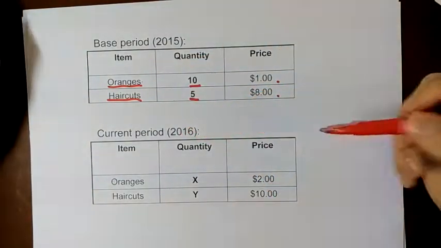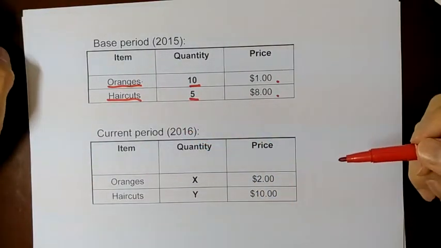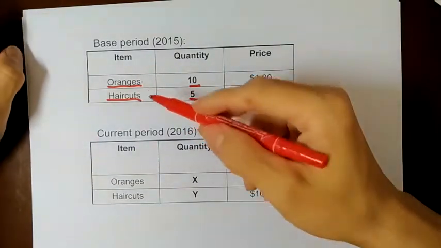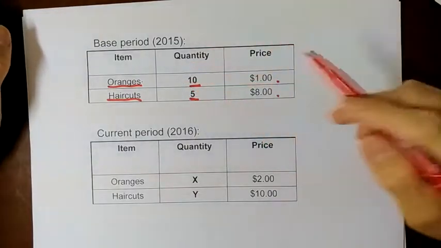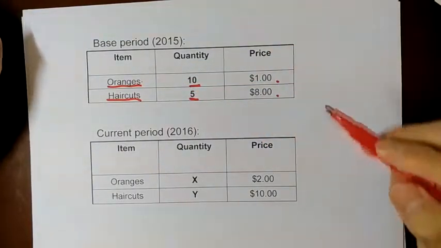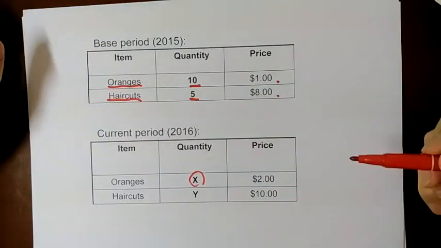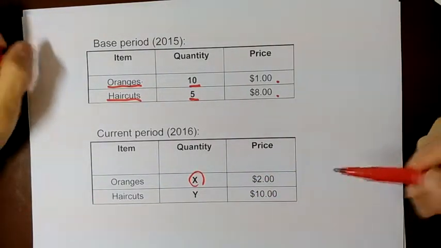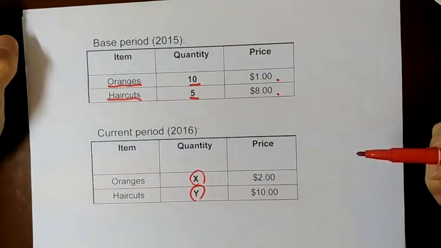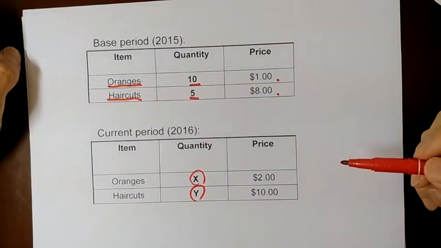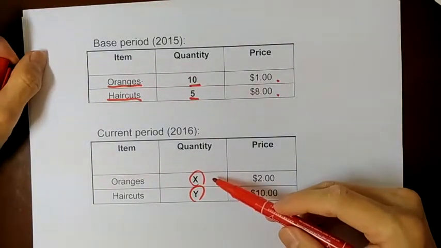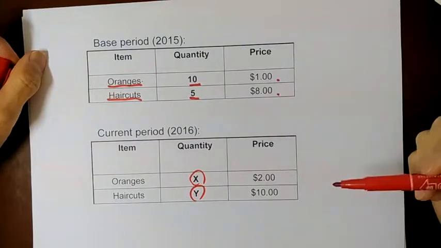Now the next year, 2016, the CPI basket is still oranges and haircuts. They consume X number of oranges and Y number of haircuts. Why don't I give you a specific number like 10 and 5 here?